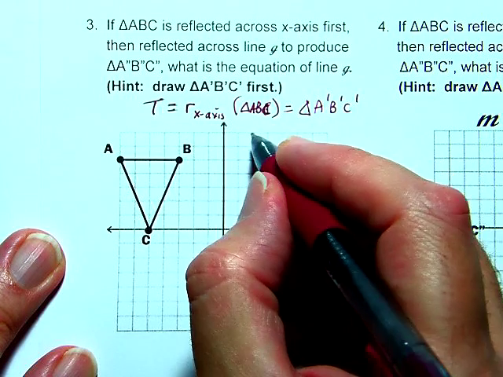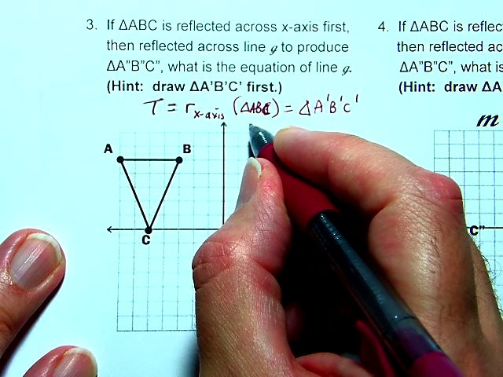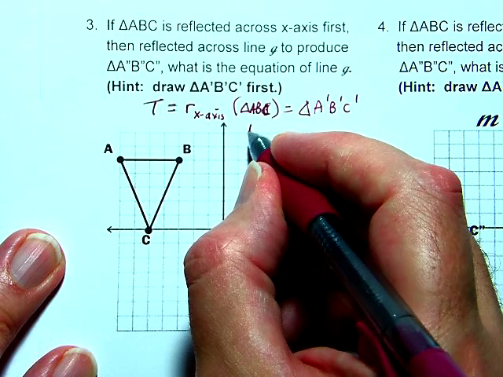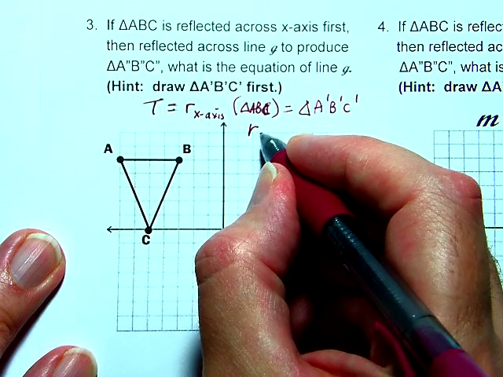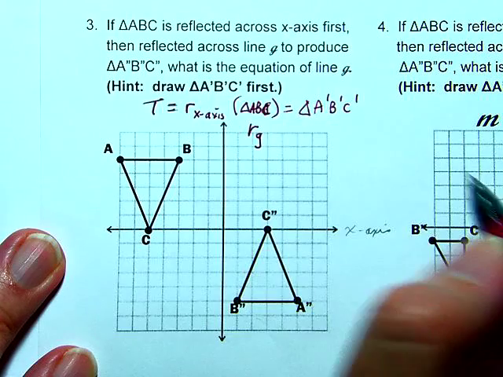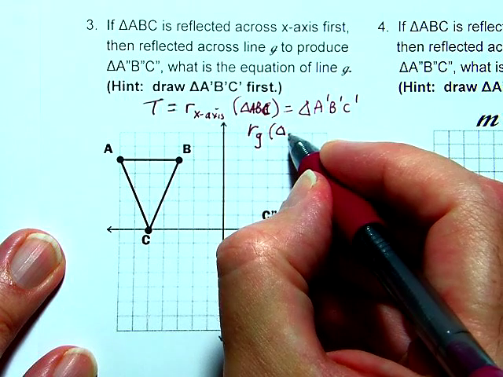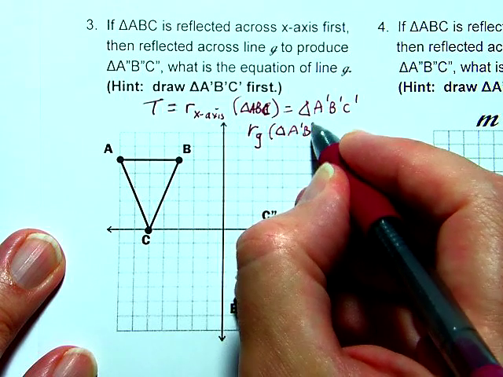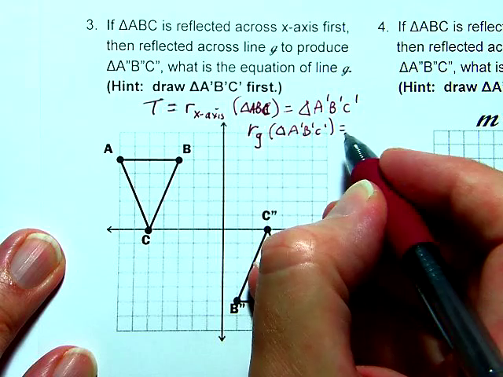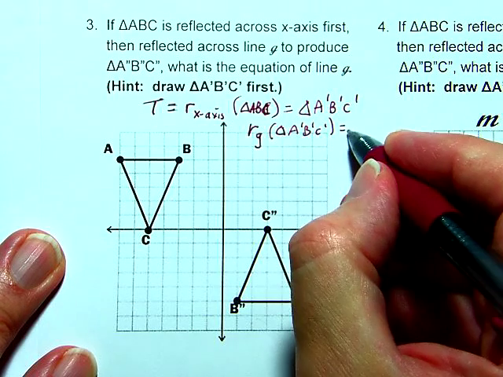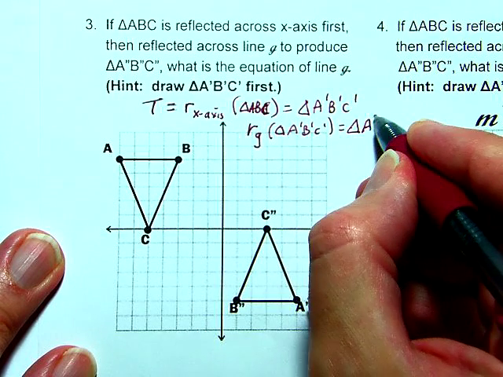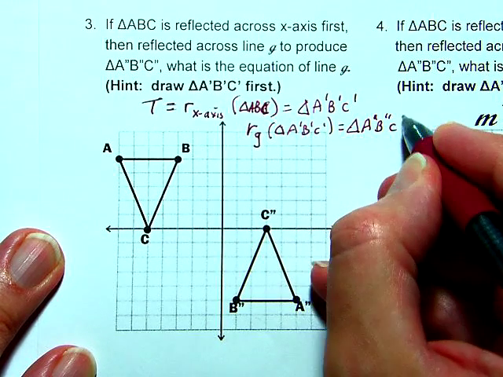Then there's a second transformation, which is a reflection across line G of triangle A prime, B prime, C prime, which is going to give us this triangle, triangle A double prime, B double prime, C double prime.